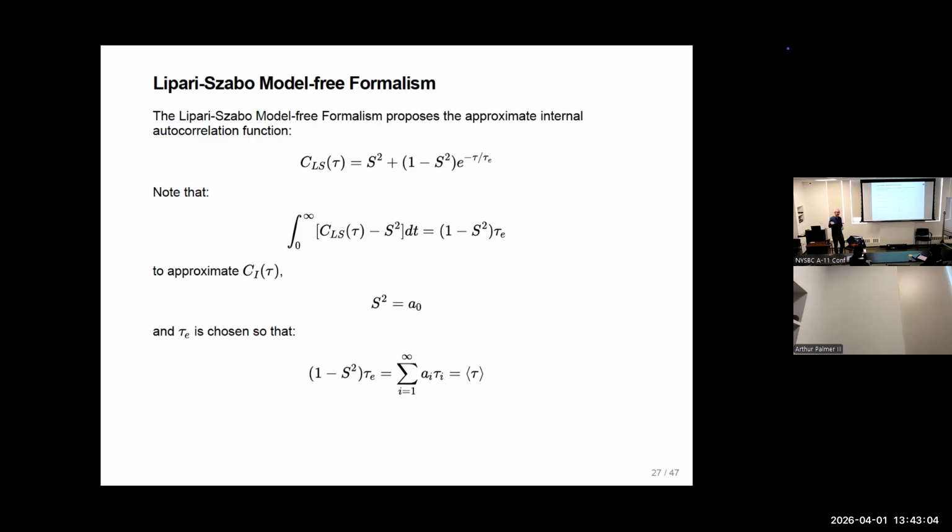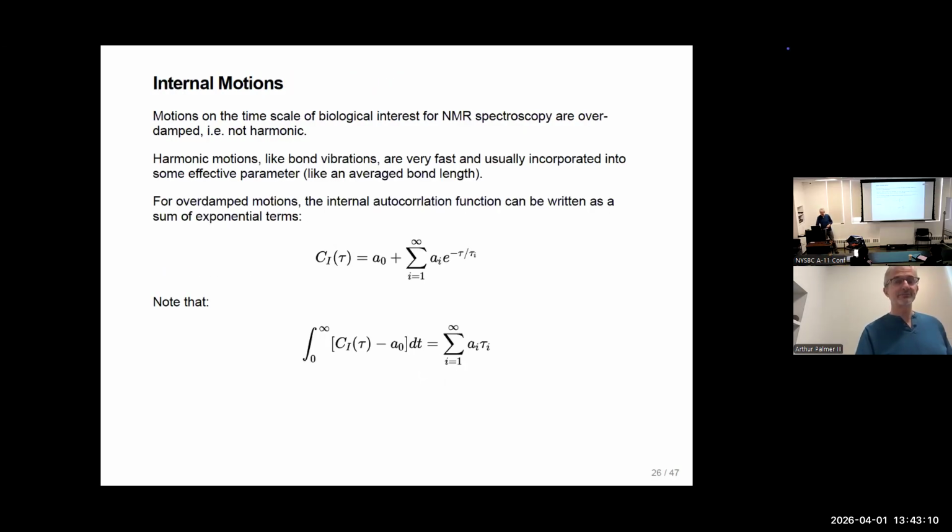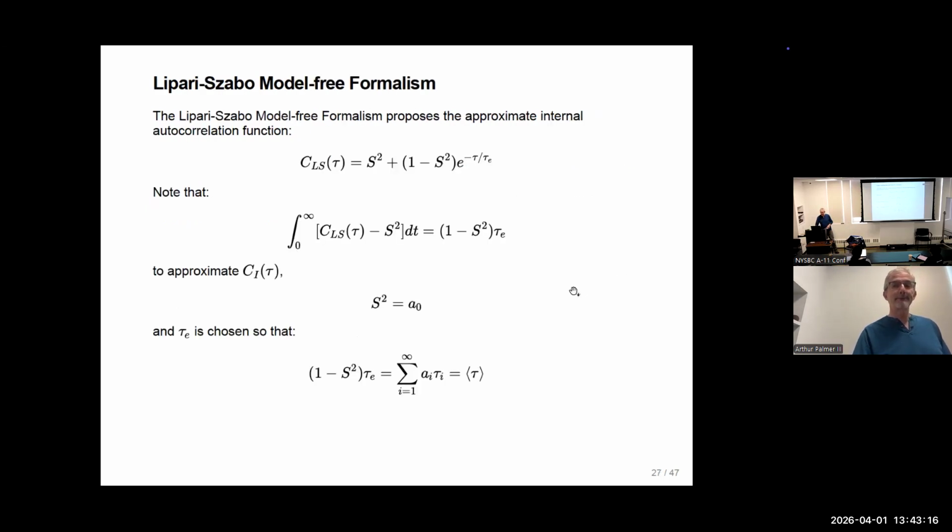S squared is the limiting value. So if A0 was in my order equation here, A0 for us is the same as S squared. So this function has the property, when tau goes to infinity, we get S squared. When tau goes to 0, we get 1. And it's a single exponential with some decay.